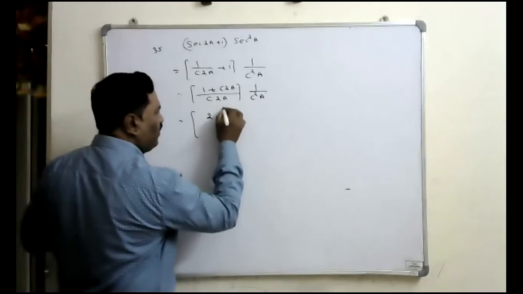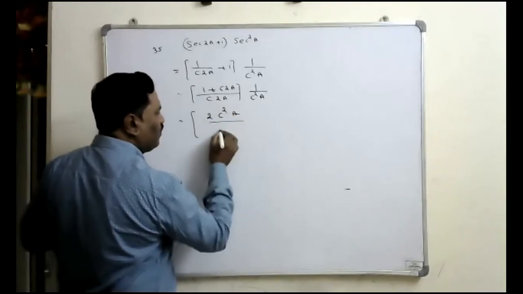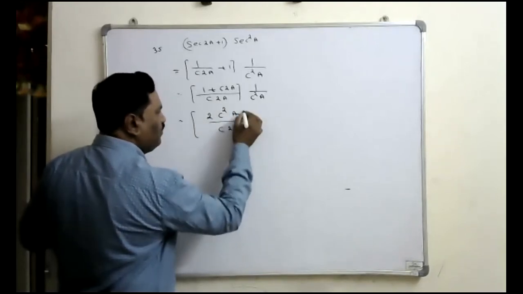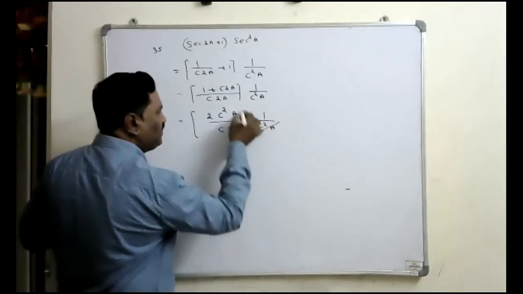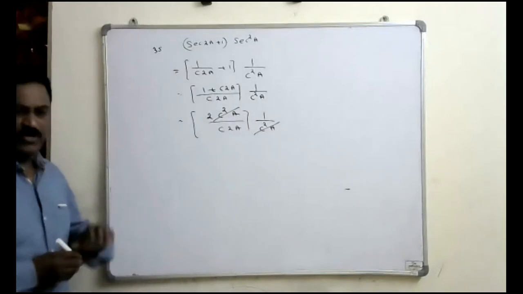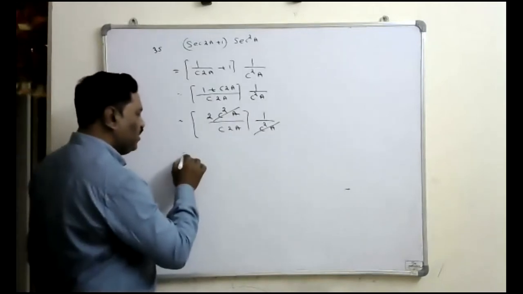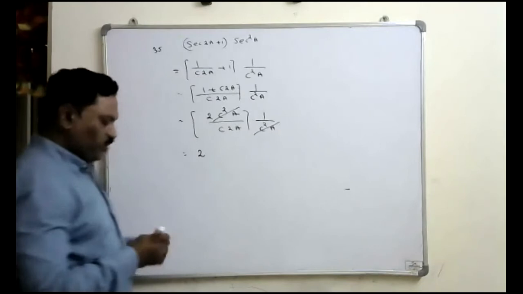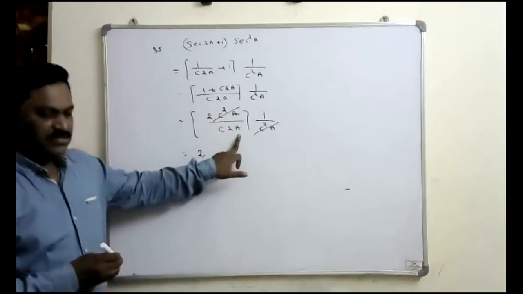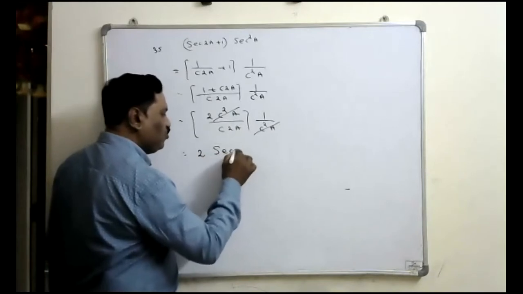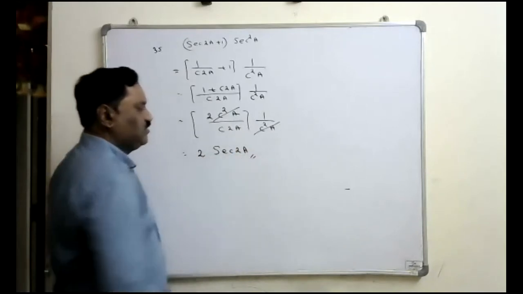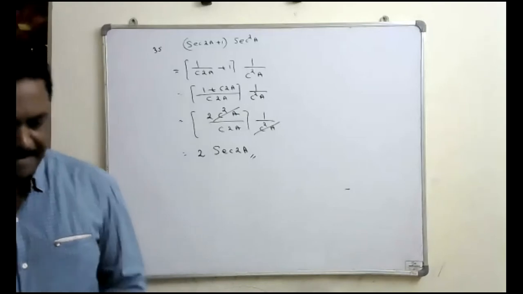Good. So 2 cos square a by cos 2a into 1 by cos square a, where cos square a gets cancelled. The remaining is 2 by cos 2a, and 1 by cos you can write as secant 2a. So the answer is 2 secant 2a. Take that.